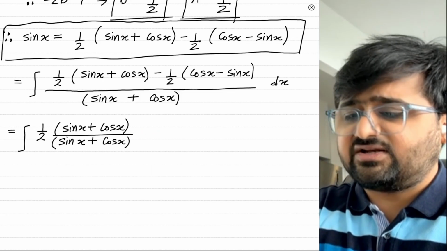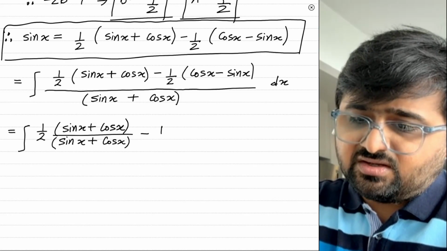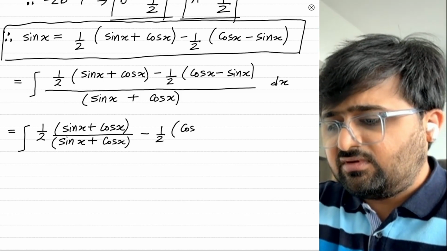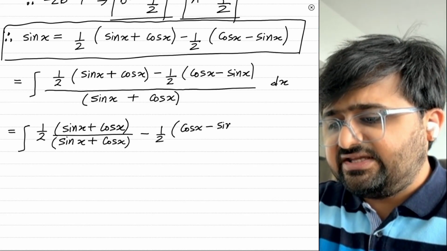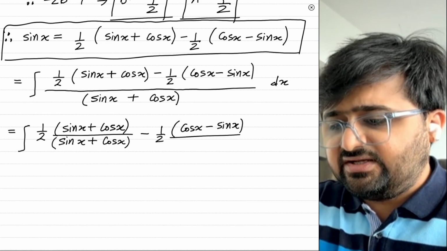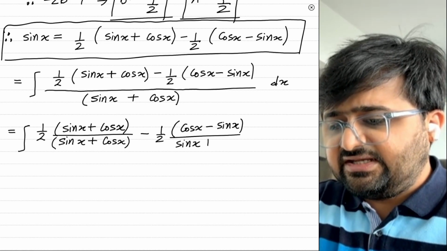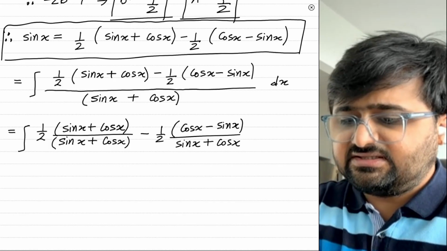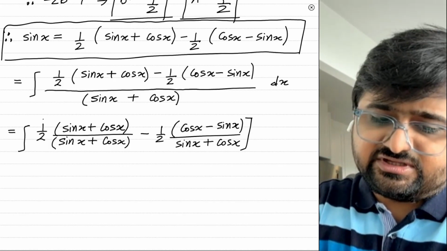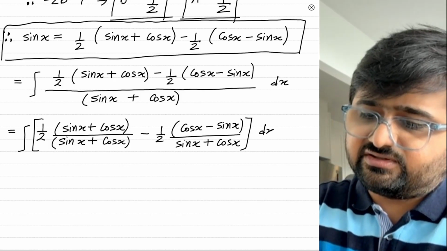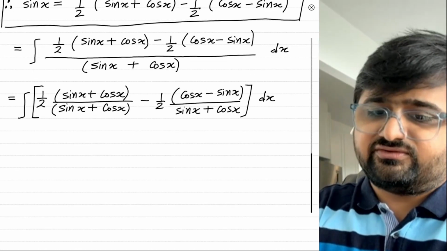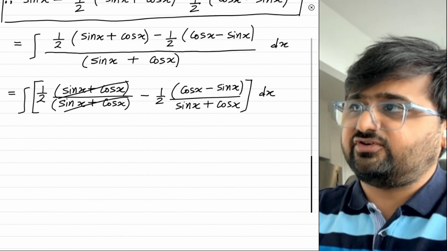We'll write that with respect to x in the end, minus half cos x minus sin x divided by sin x plus cos x, and we are integrating, remember, with respect to x over here. Now you can give that integral to both of those terms. This will get cancelled first of all.